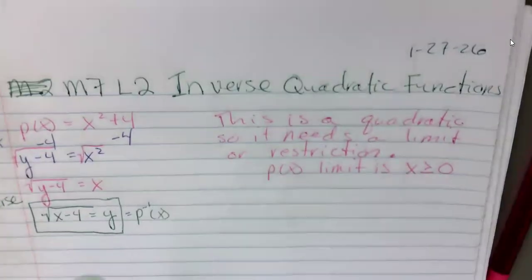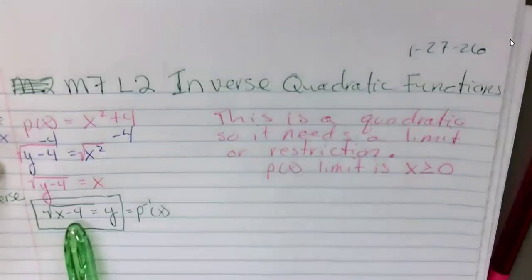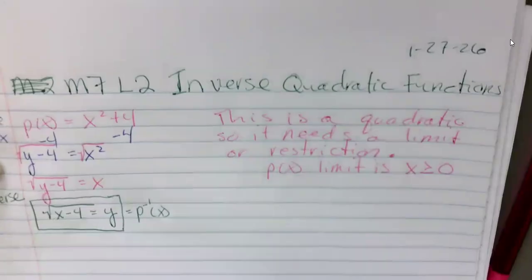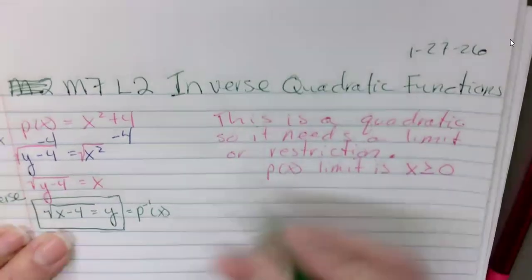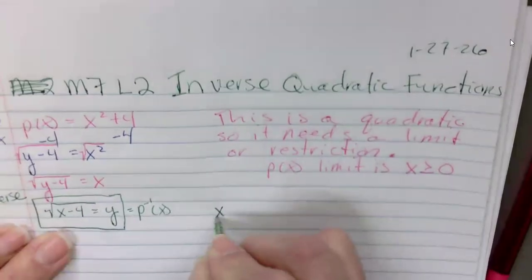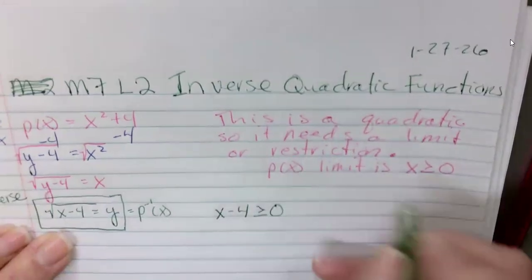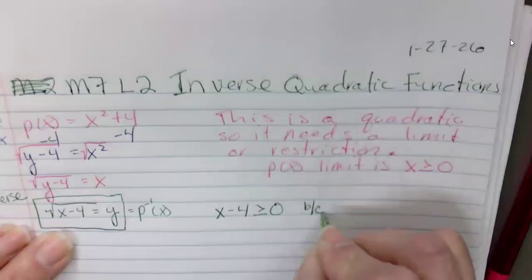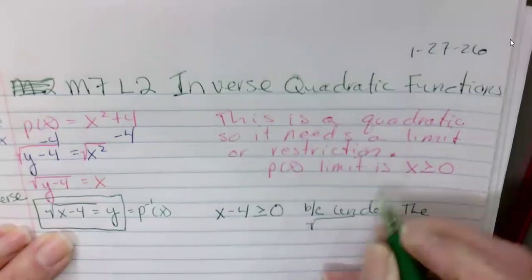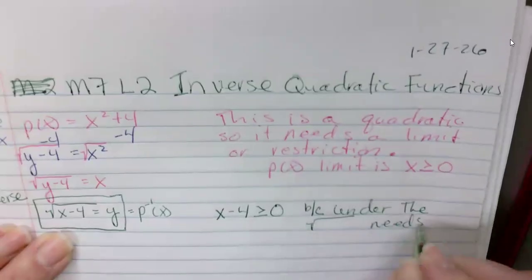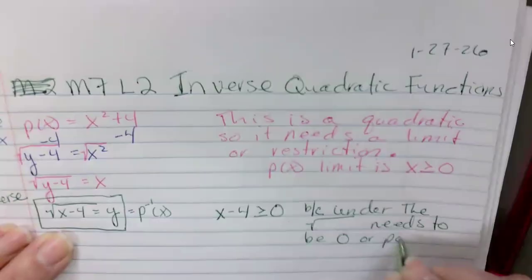Now, we need a limit again, because under that radical sign we cannot have a negative number, because that would give us imaginary numbers, which we cannot graph. So we need to put our limit on that. How we do that is we say that x minus 4 has to be greater than or equal to 0, because under the radical sign needs to be 0 or positive.